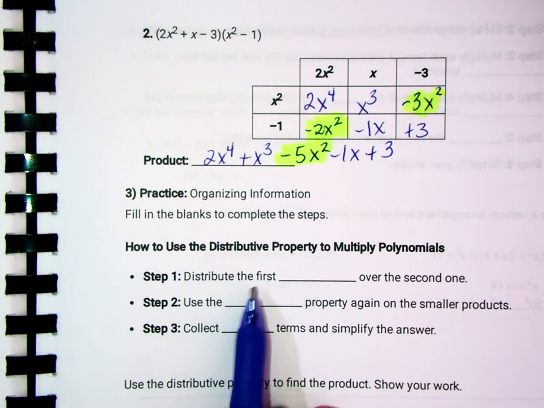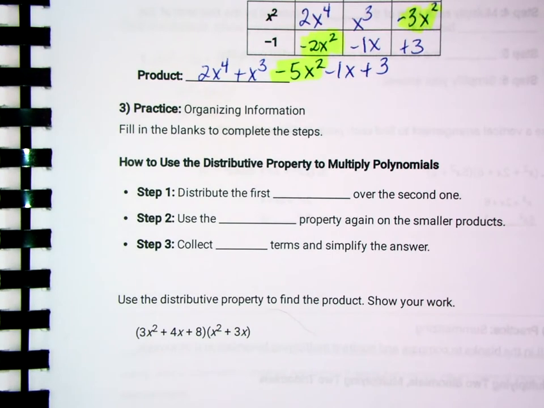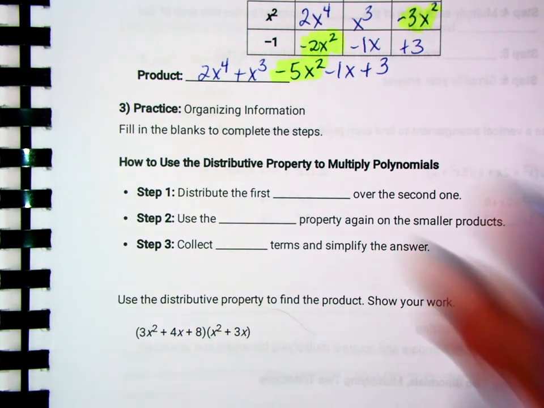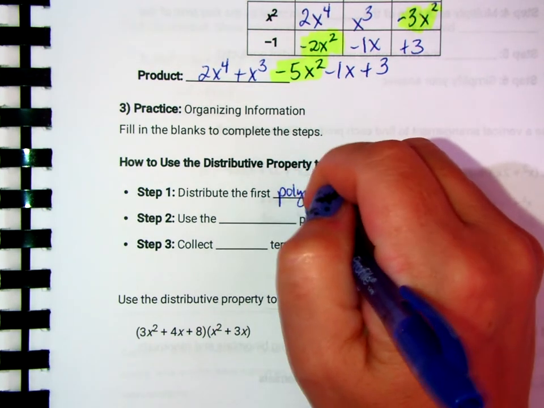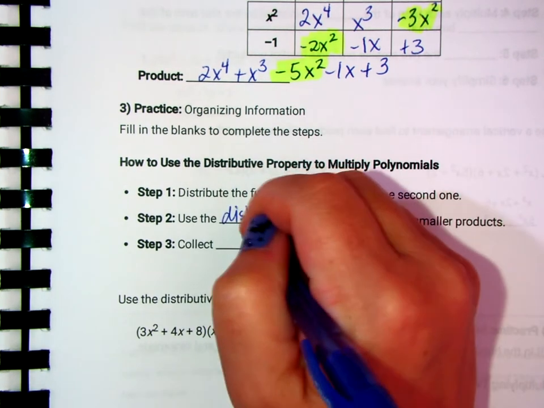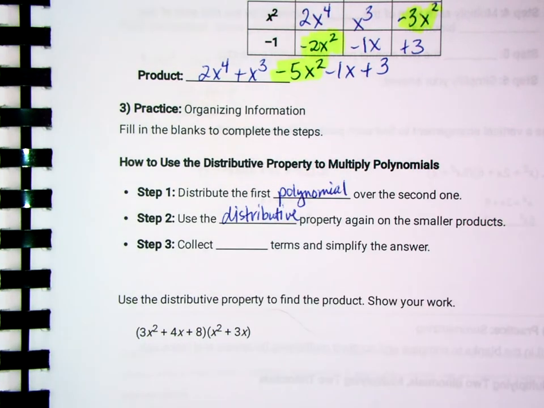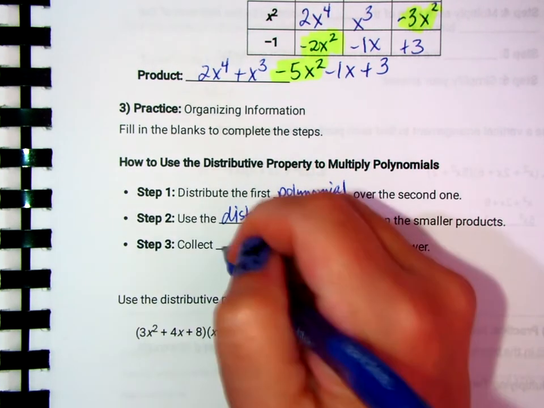All right, so how to use the distributive property to multiply polynomials, if we don't want to use this box. So distribute the first polynomial over the second one. Use the distributive property on similar products, and then collect like terms and simplify the answer.